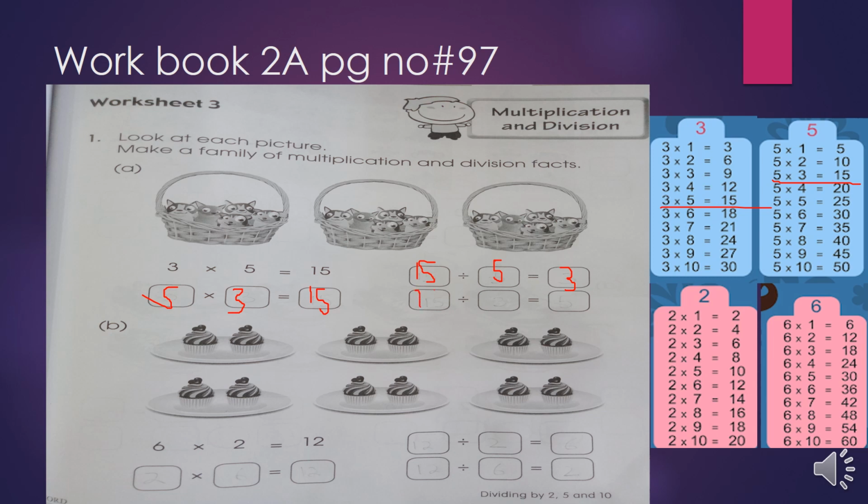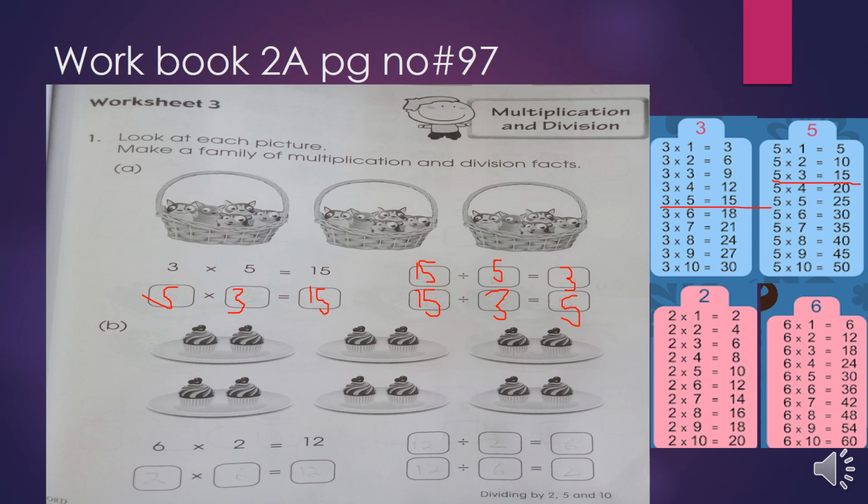15 is the total number, and when we divide into 3 equal groups, in each group how many puppies are there? There are 5 in each group. 15 is the total number.